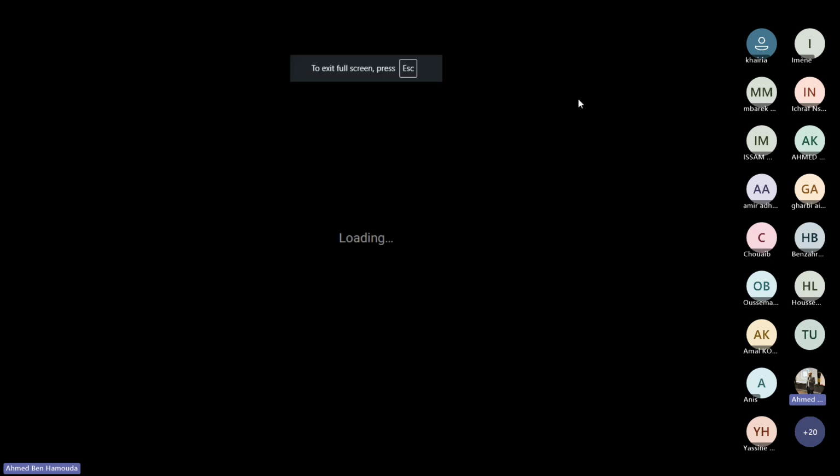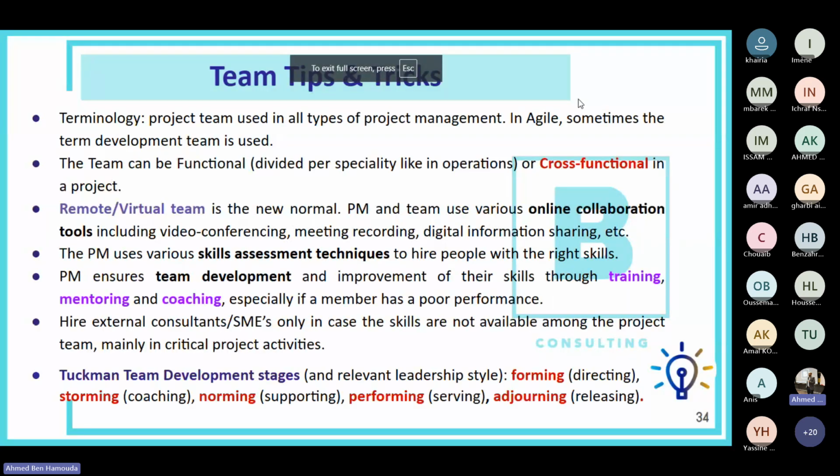Okay. All right. Then you need also to remember Tuckman's team development stages. And here in this tips and tricks version 2, we've added the respective leadership style with the development stages.